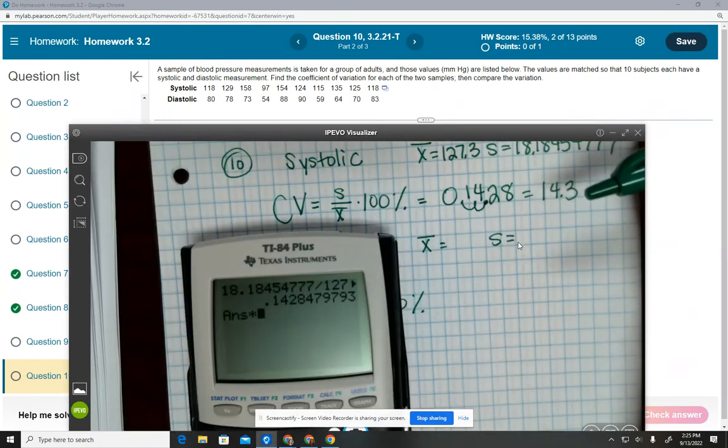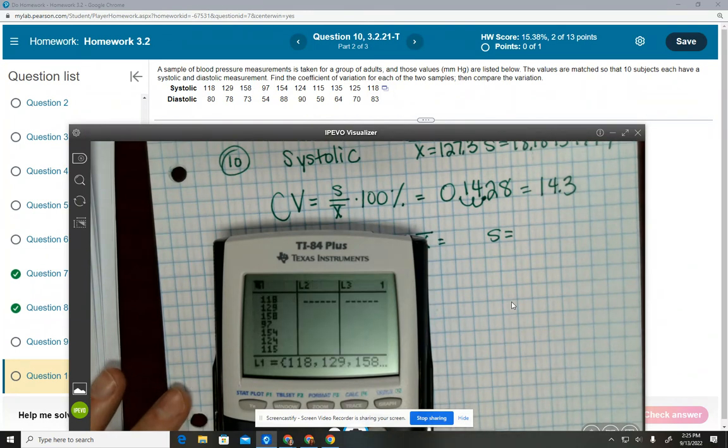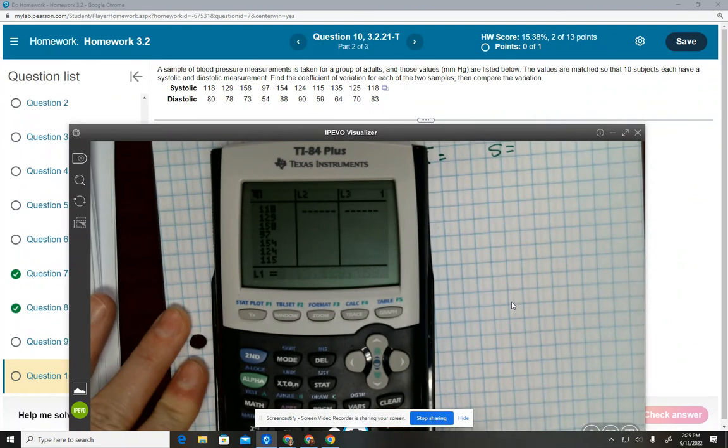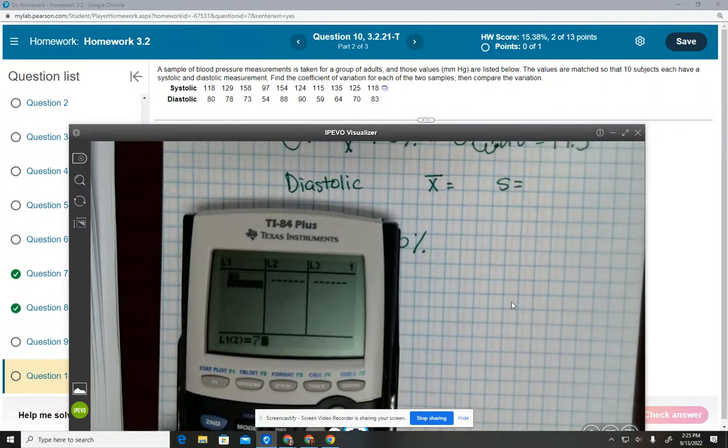And so then the other one, you're going to do the same thing. So go back to stat, edit. I'm going to go up to L1 and push the clear button, which is right here. Push enter. And then put in the diastolic, 80, 78.